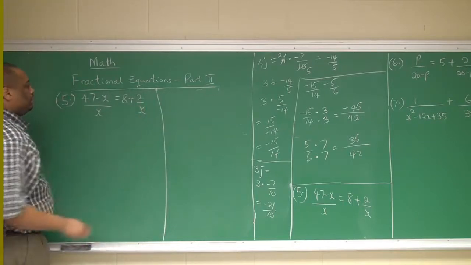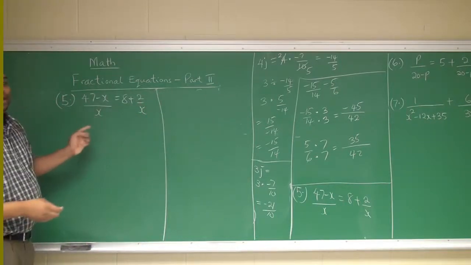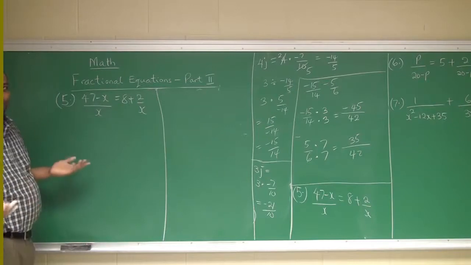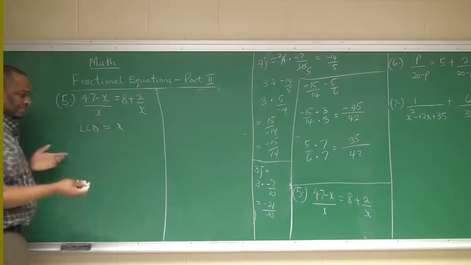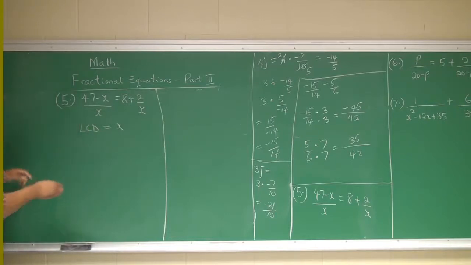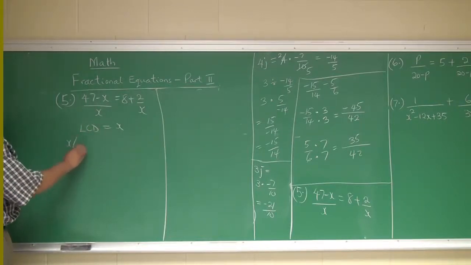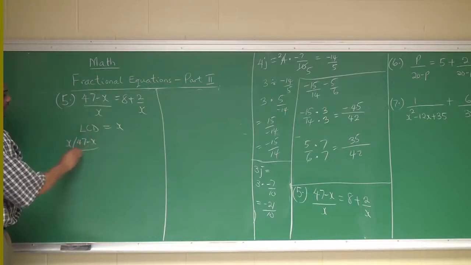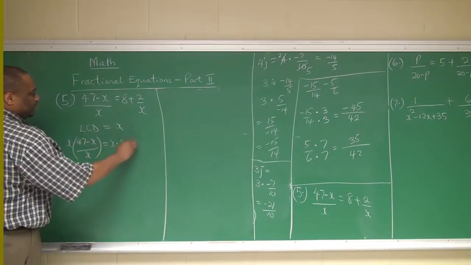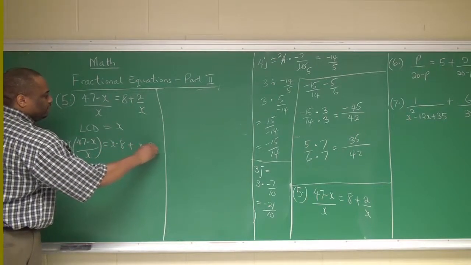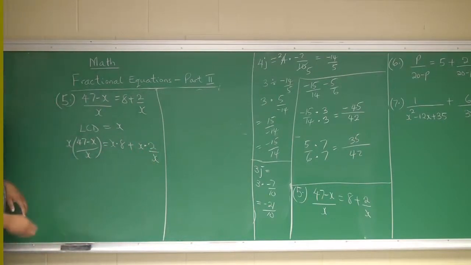Okay. So what's the LCD here? LCD of x and x is x. LCD is x. So multiply all terms by the LCD. So we have x times 47 minus x over x equal to x times 8 plus x times 2 over x. Okay?